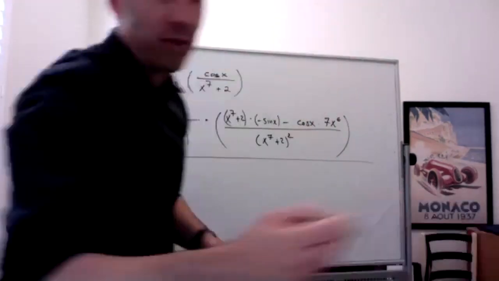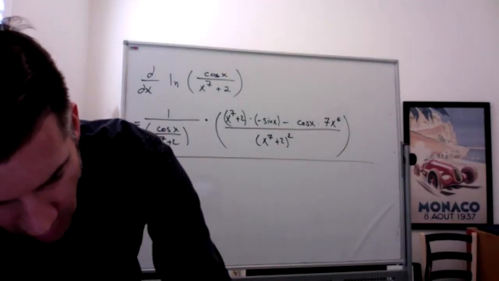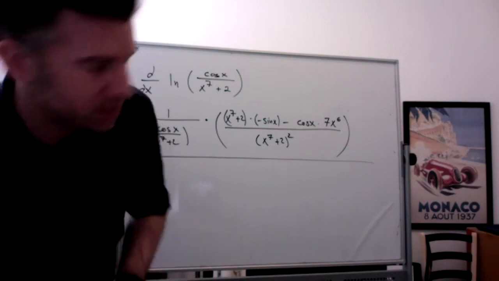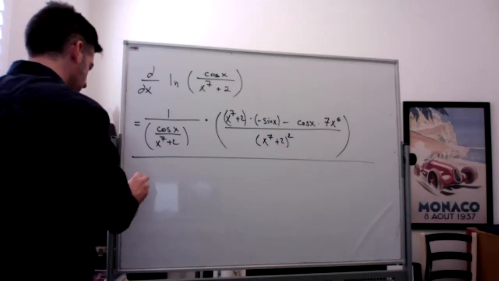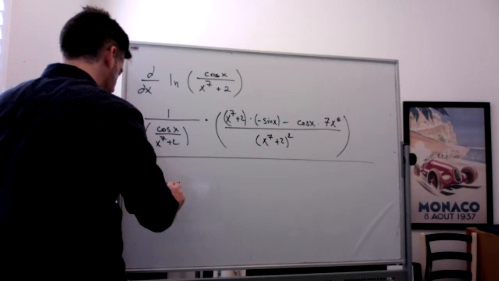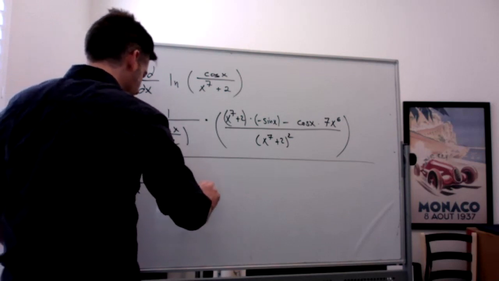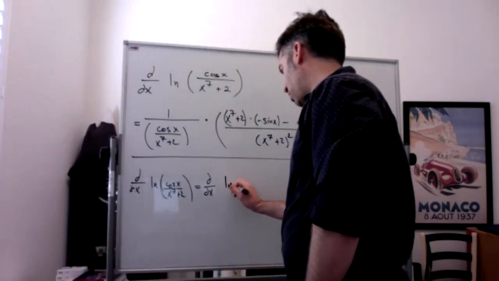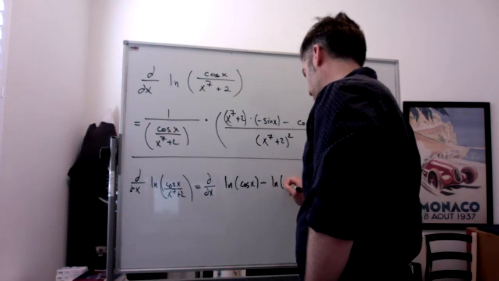Trying to cycle through my black pens here so I don't use one of them all up. So that was kind of the long, terrible way. Here's the much, much nicer way. The derivative of the natural log of cosine of x divided by x to the 7th plus 2 is equal to the derivative of the natural log of cosine of x minus the natural log of x to the 7th plus 2.